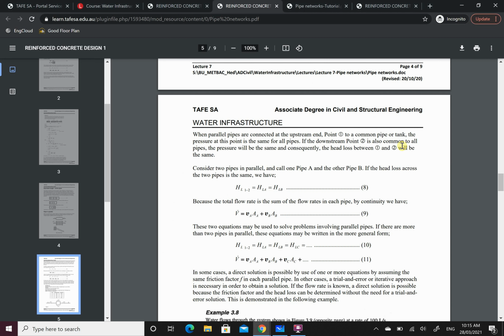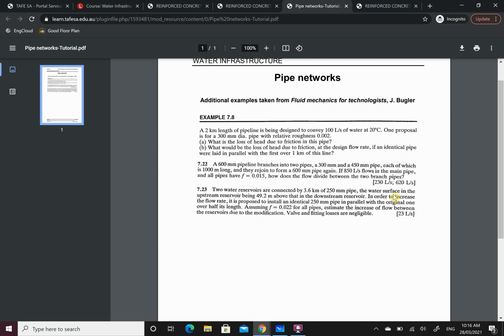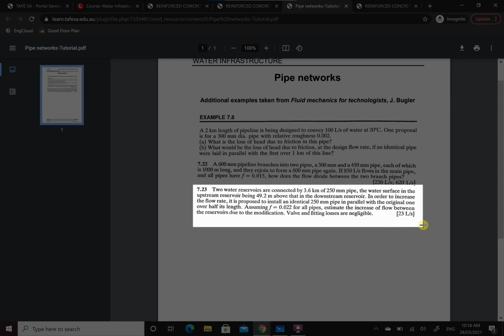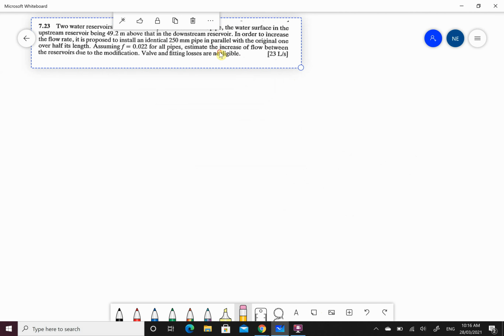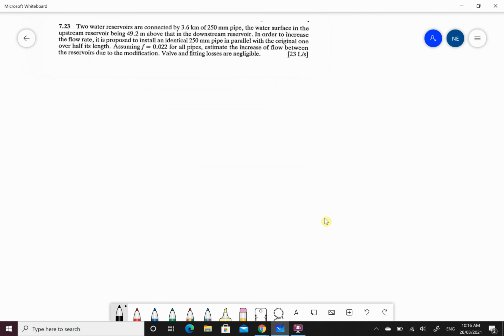Beautiful. So let's go through and do the last question here. Alright, so this last question is not too bad. So two water reservoirs are connected by 3.6 k's of pipe.